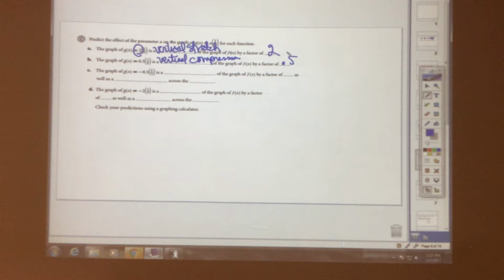So the graph of g of x equals negative 0.5 times 1 over x is a, the negative doesn't change what it does. It's still a vertical compression by a factor of 0.5, as well as a what? Reflection, good, over the x-axis.